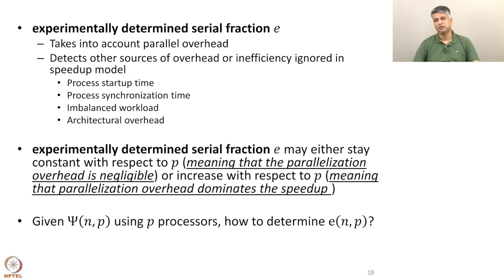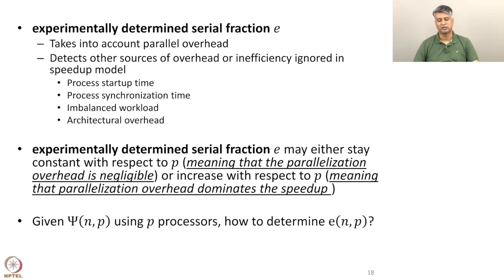For example, if you're on a distributed memory machine, it's quite possible that you're using different types of interconnects. It could be something as simple as your plain old Wi-Fi router to something which is very advanced like an InfiniBand switch. On shared memory machines, you could have different architectures in which memory is being accessed at differential rates.